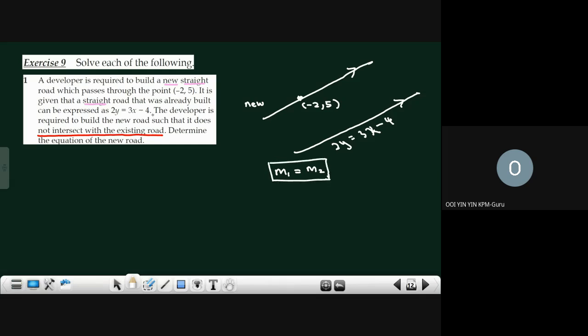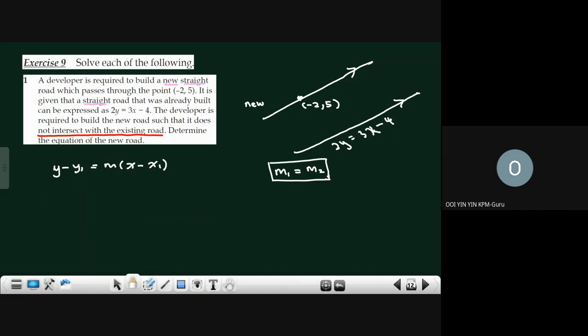Now what we want is to determine the equation of the new road. To find it, don't forget your equation: y minus y1 equals m times x minus x1.